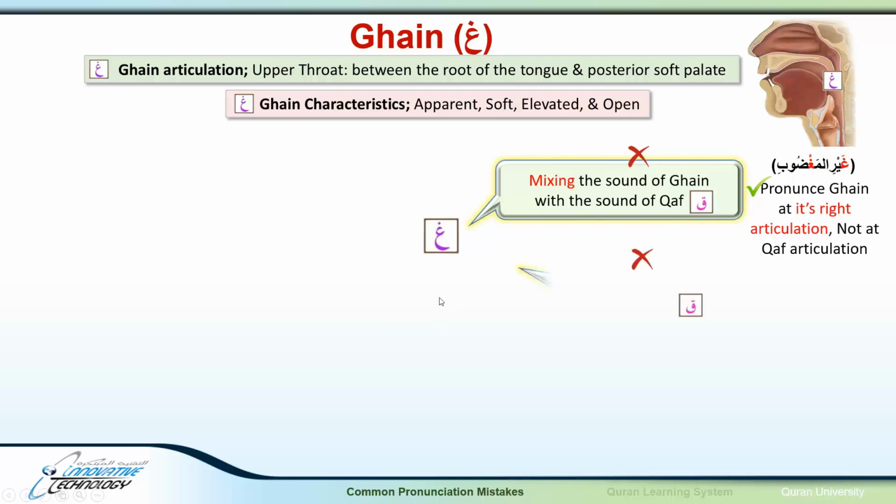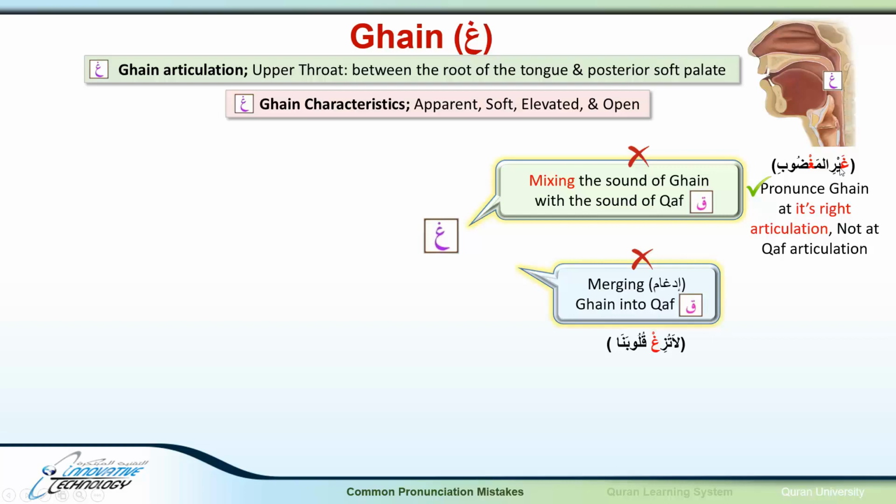Second mistake for the ghain is merging it, making idgham of the ghain into a qaf. The difference between the first and the second here is mispronouncing the ghain into a qaf. Here, no. Merging the ghain into a qaf, as we'll see in the example. لا تزغ قلوبنا. So basically here we have a ghain followed by a qaf.